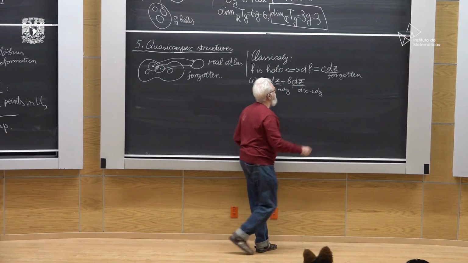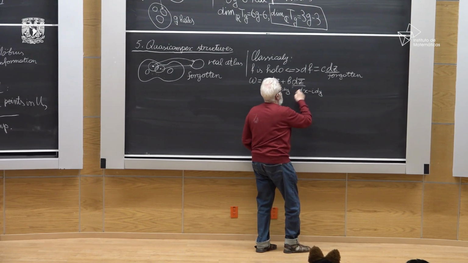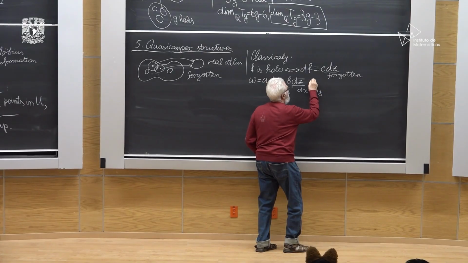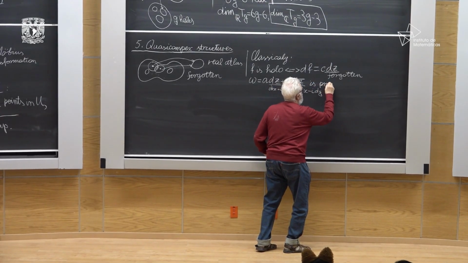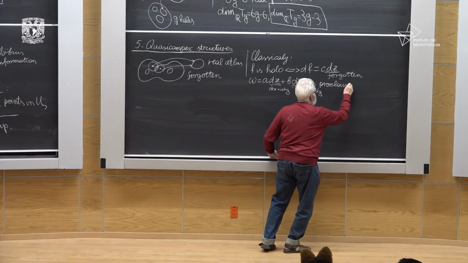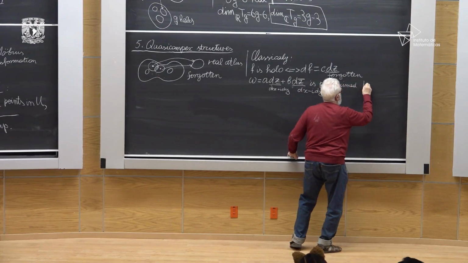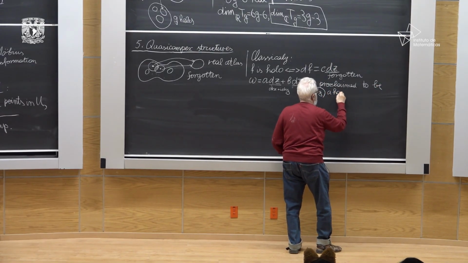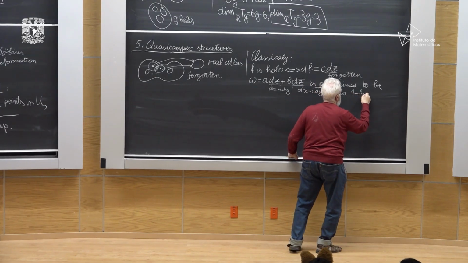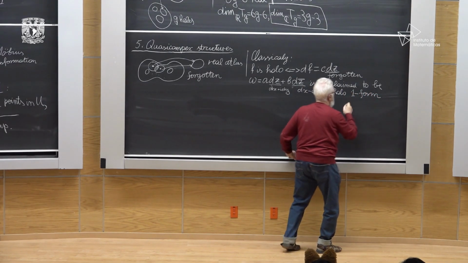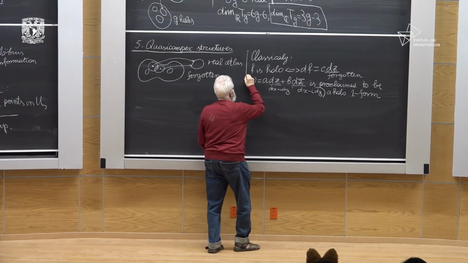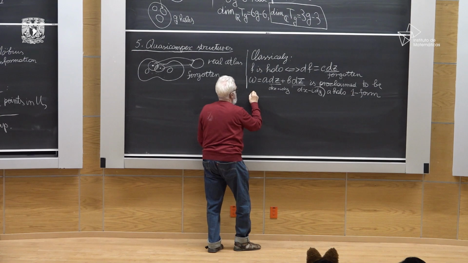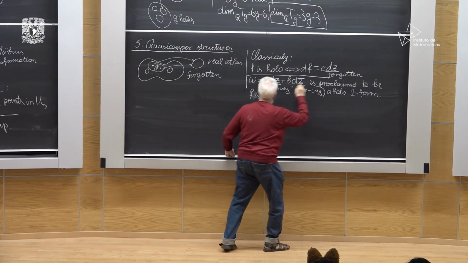So this form is proclaimed to be a holomorphic one form. And complex holomorphic functions f is, so this is the almost complex structure.